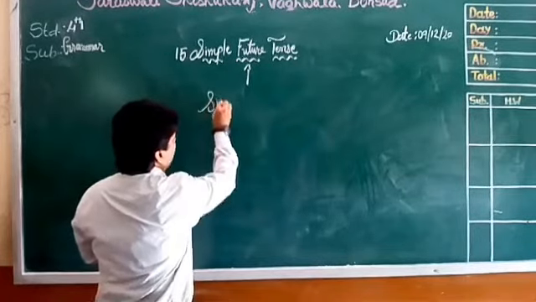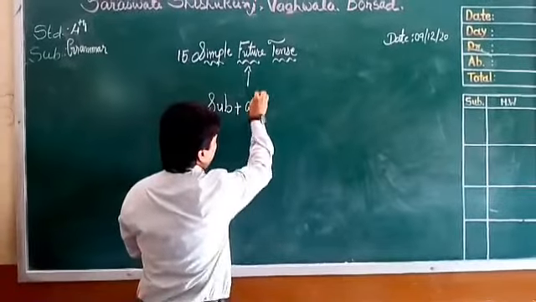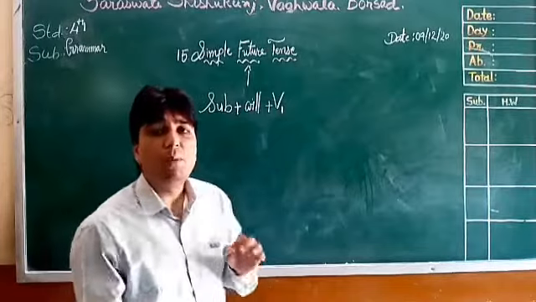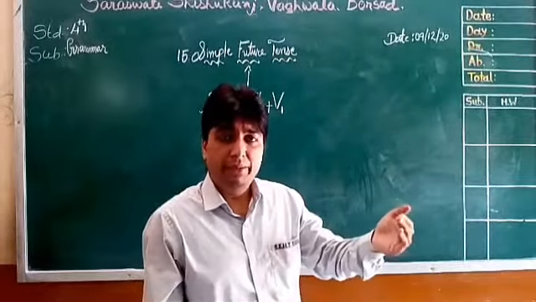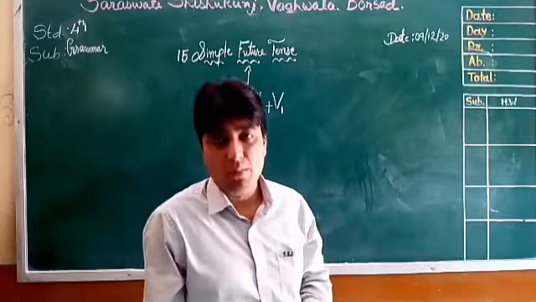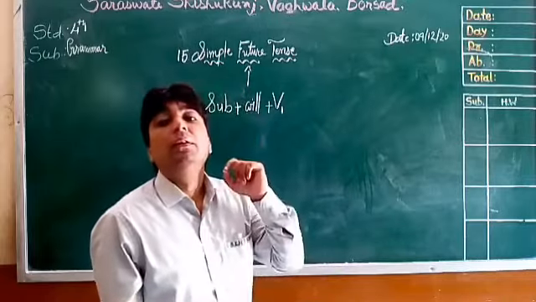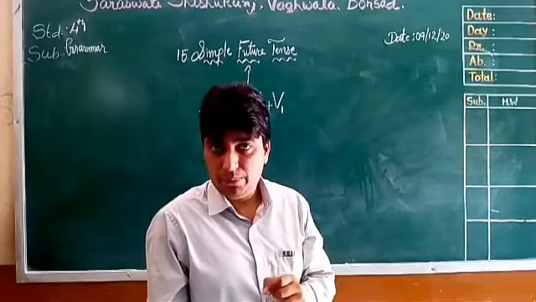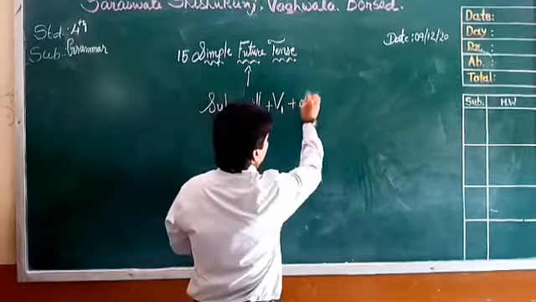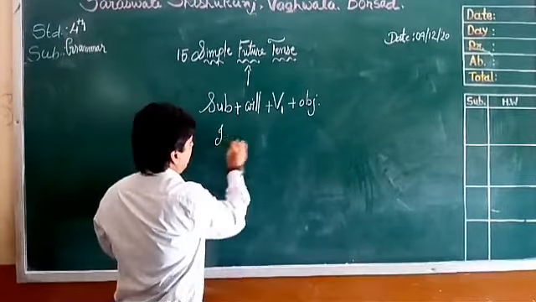First of all there will be subject, plus will, plus verb 1, means the main form of the verb. Suppose in the sentence it has been given gave, that is the past tense, but what we require is the present form, verb 1, so that will be give. So verb 1 plus object.